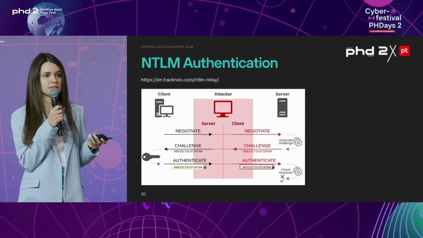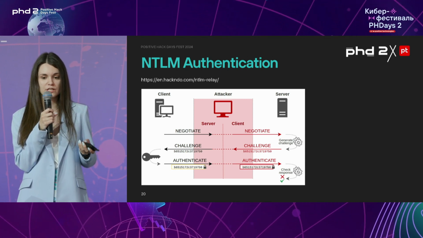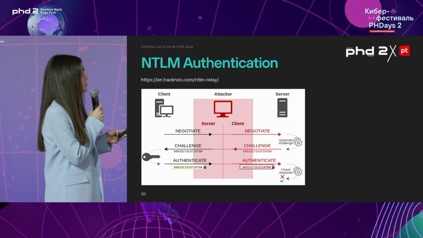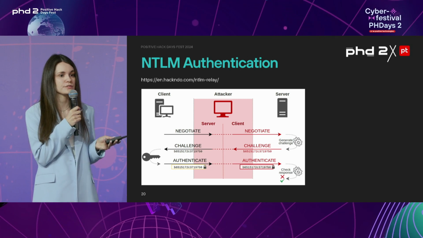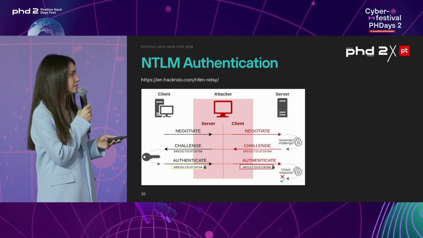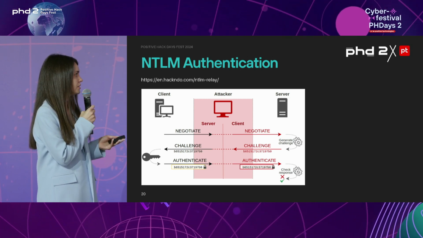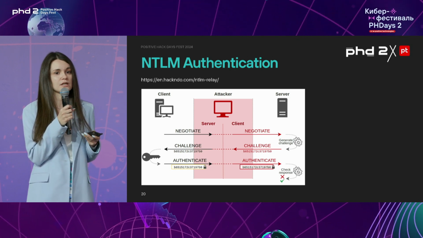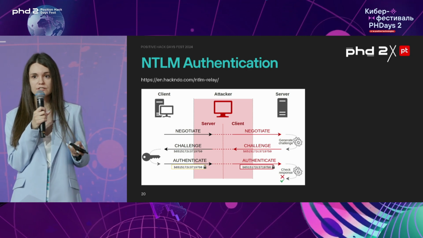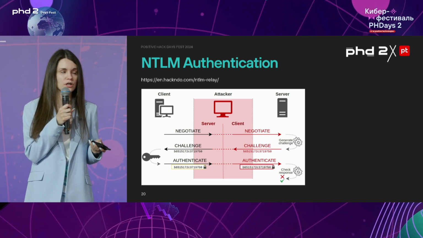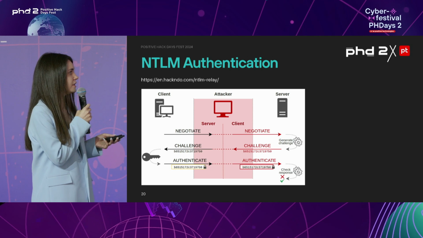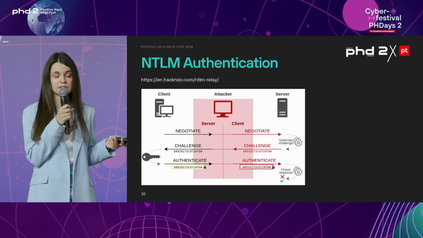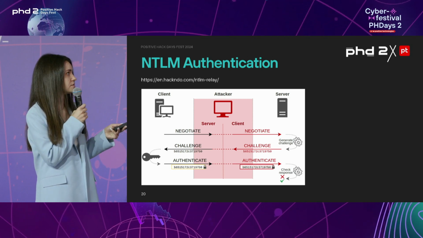NTLM is an authentication protocol, just like Kerberos in Windows, which is quite straightforward. The client says that they want to authenticate themselves. The server sends a challenge, and then the client hashes it using the secret, the NTLM hash of the password, and the server checks whether the user is valid or not.